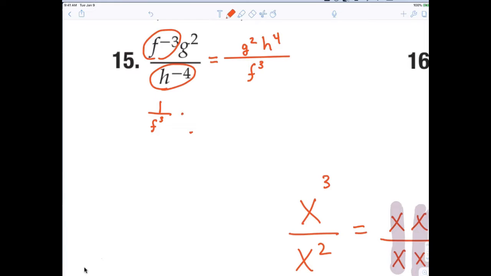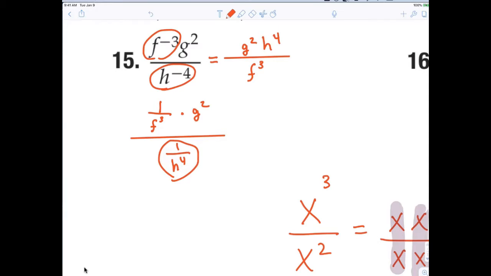Times, please look up, because this is the math behind it, times g squared over 1 over h to the 4th. Does everybody see that? Now, what happens when I divide by a fraction? We say you multiply by the reciprocal.